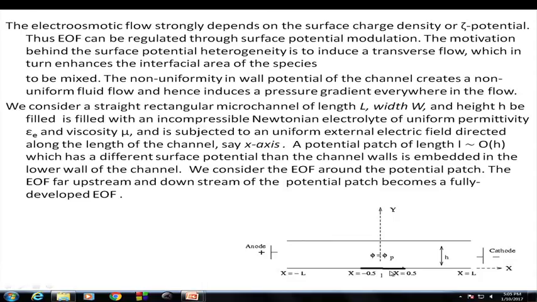We consider the microchannel length and width to be quite larger than the height of the microchannel. So in a way a planar electroosmosis will develop, but because of this heterogeneity of the zeta potential we may have a two-dimensional flow configuration. That is the thing we will be discussing now.